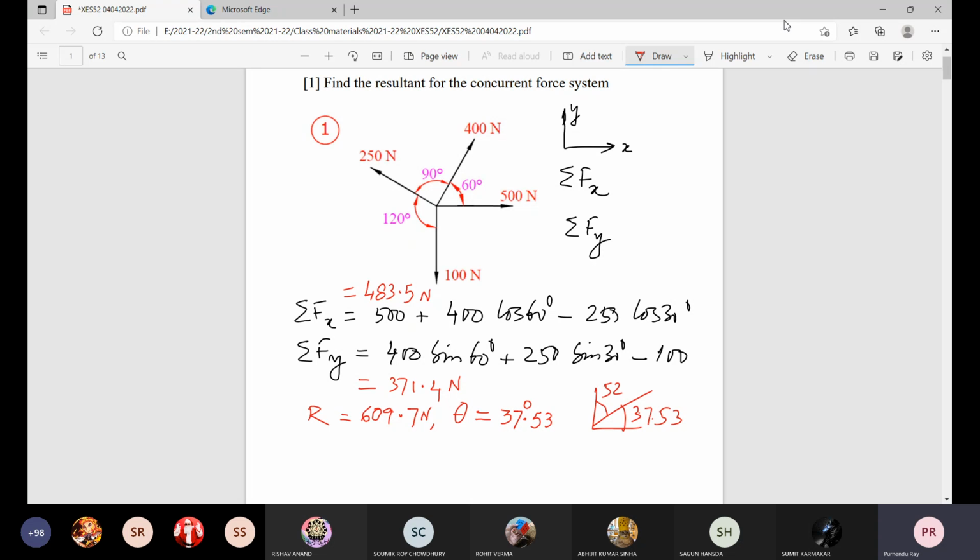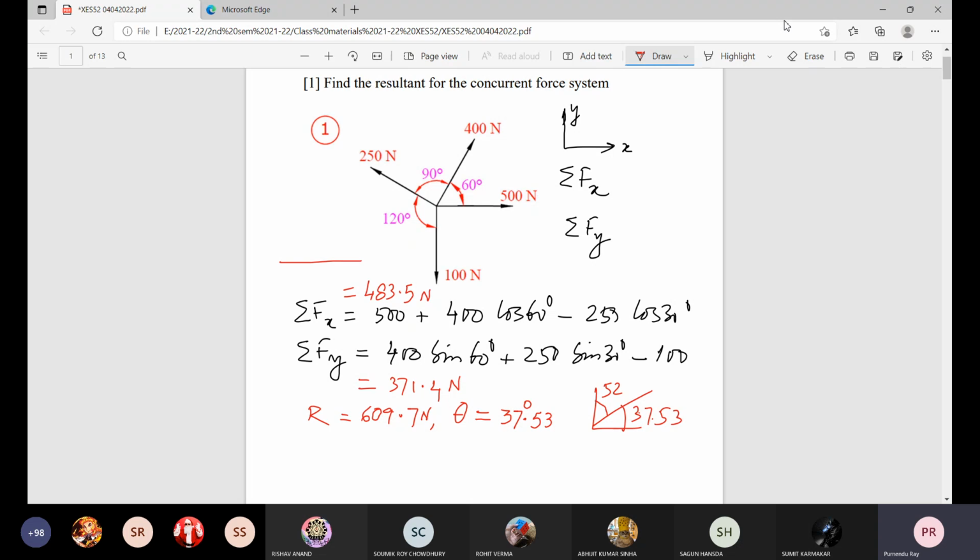So the angle with the y-axis and the angle with the x-axis, two things are there. One is tan inverse sigma Fx over sigma Fy. The other is tan inverse sigma Fy divided by sigma Fx. So 37.53 is the angle made with the x-axis, and 37 is from the y-axis.